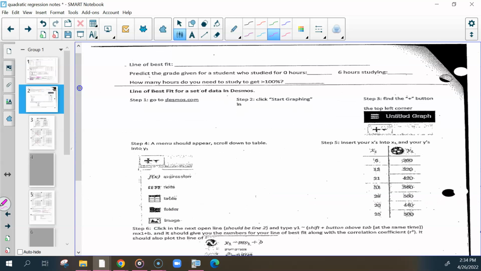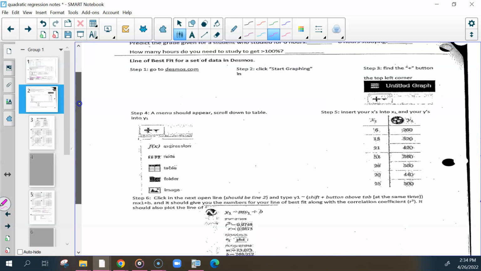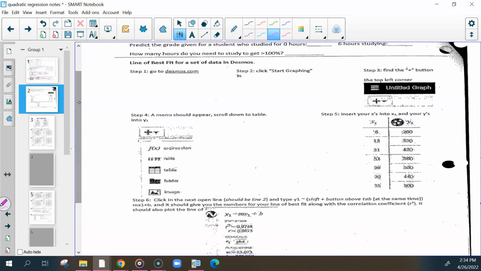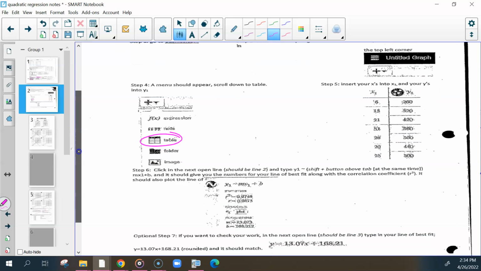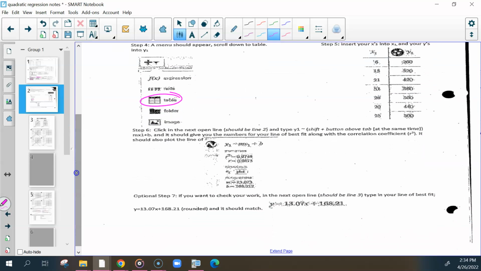And then on Desmos, they start off the same way. You go to Desmos, start graphing, do the plus, still do table, put in your x's and y's, but then instead of the y1, the tilde, mx1 plus b, I know that's really hard to see right here, you're going to put in y1, the tilde, a x1 squared.